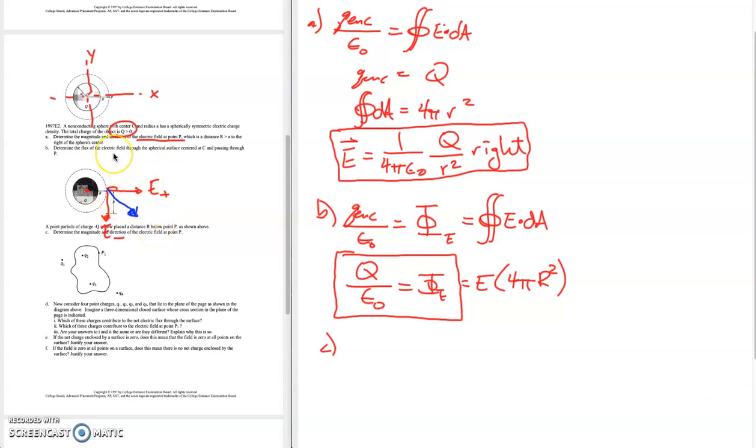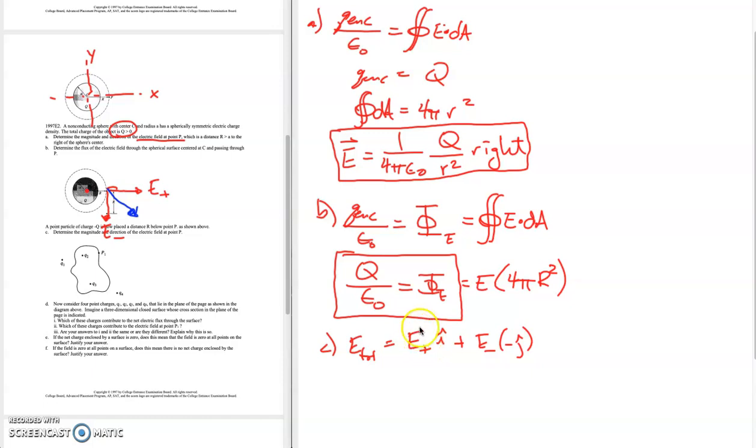So what that means is that we have to add these two vectors together like they are the sides of a right triangle. And E total is going to be E plus in the x direction plus E minus in the minus j direction. Now, they only want the magnitude. Oh, wait, nope, they want magnitude and direction.